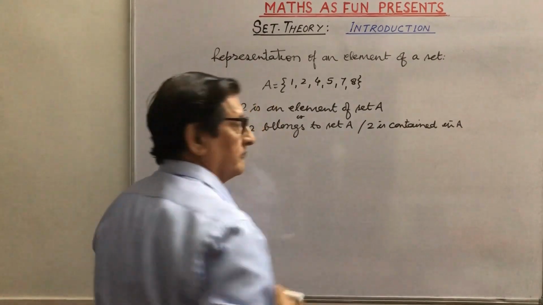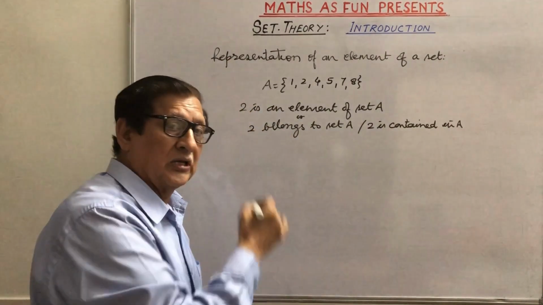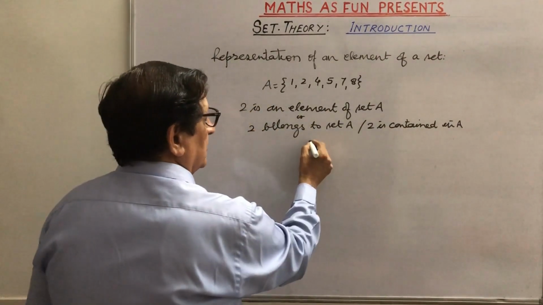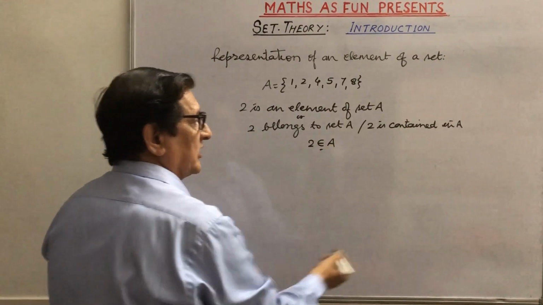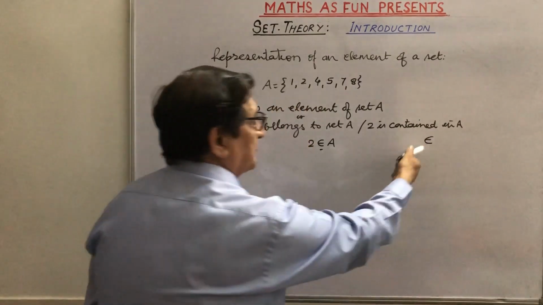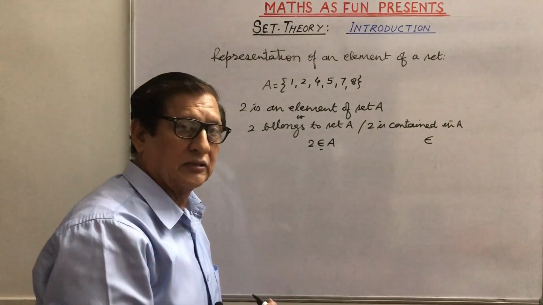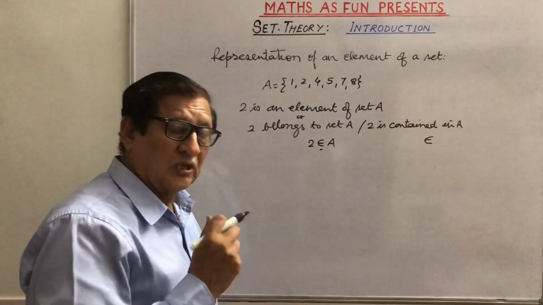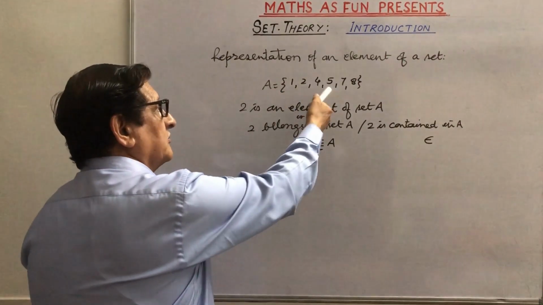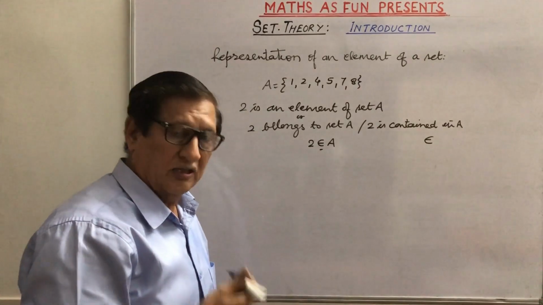The symbolic representation for this is 2 belongs to A. This is the symbol which we are using, that is known as epsilon. It's a Greek letter which we are using for representing the element of a set. Now suppose we want to say 6 is belonging to A. Is it?